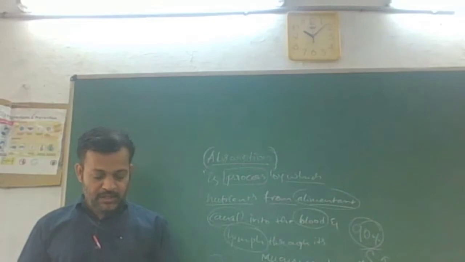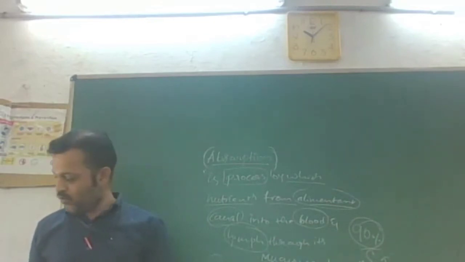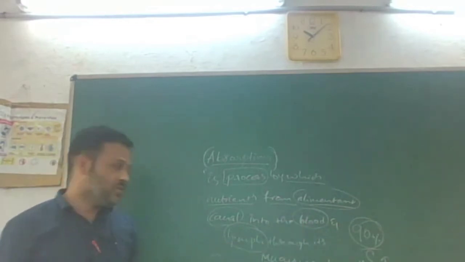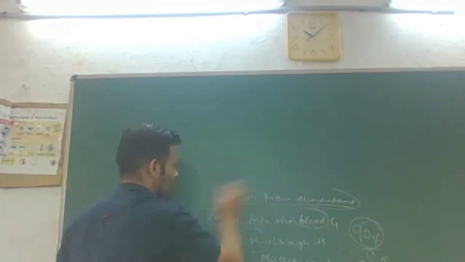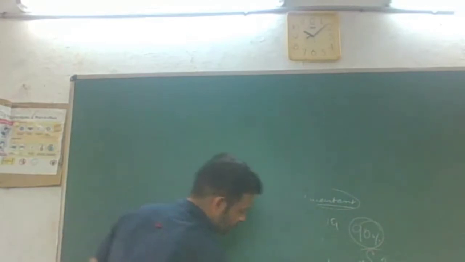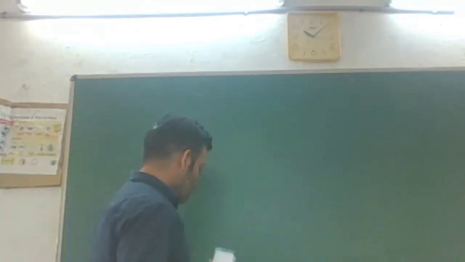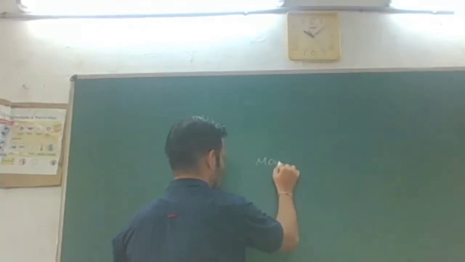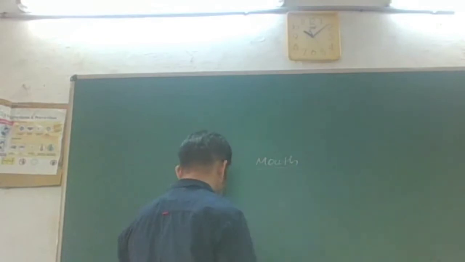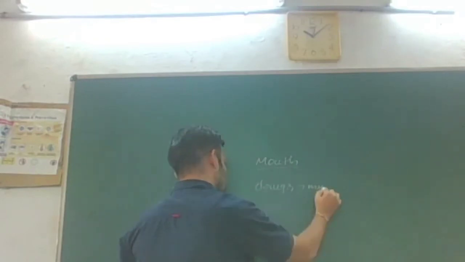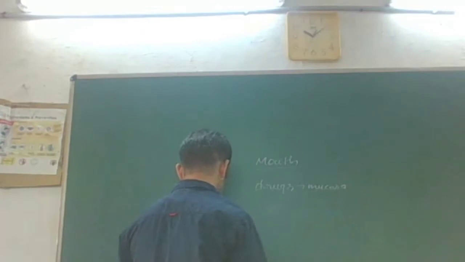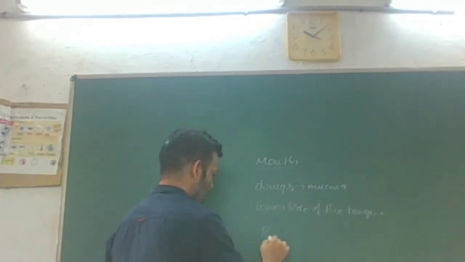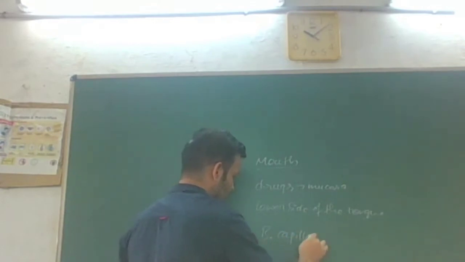Later, let us see absorption organ by organ: mouth, stomach, small intestine, large intestine. In the mouth, what substances are absorbed? Certain drugs are absorbed in the mouth, the drugs that contact the mucosa on the lower side of the tongue, and are absorbed into blood capillaries.